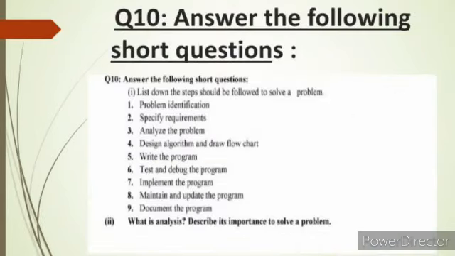And here are some more short questions for you students from book exercise. And question number 1 is list down the steps should be followed to solve a problem. Answer is available with question. And question number 2 is what is analysis?